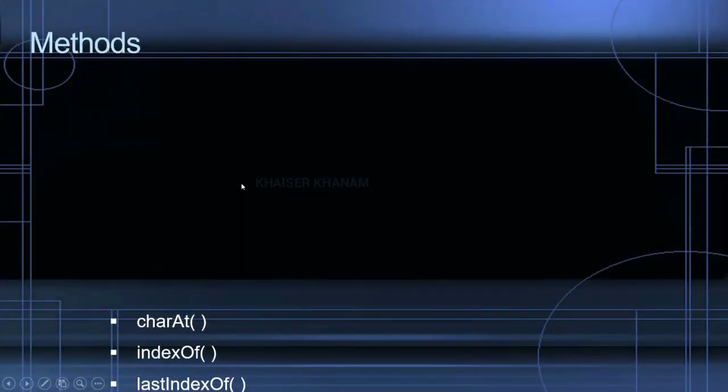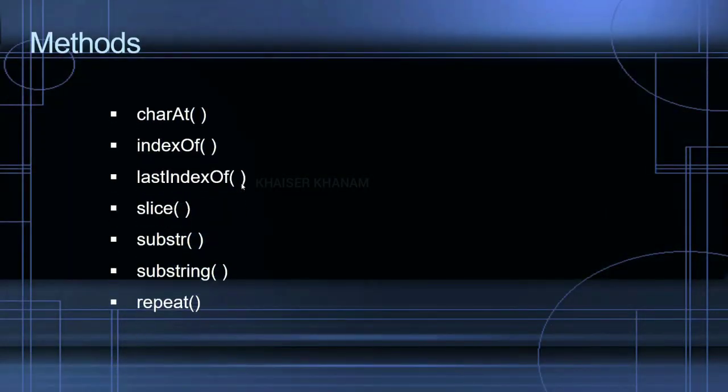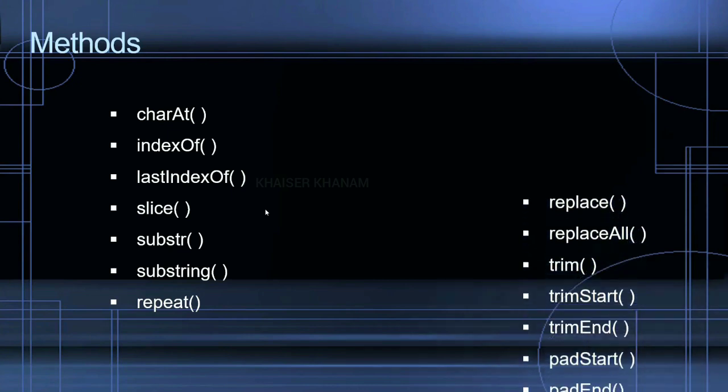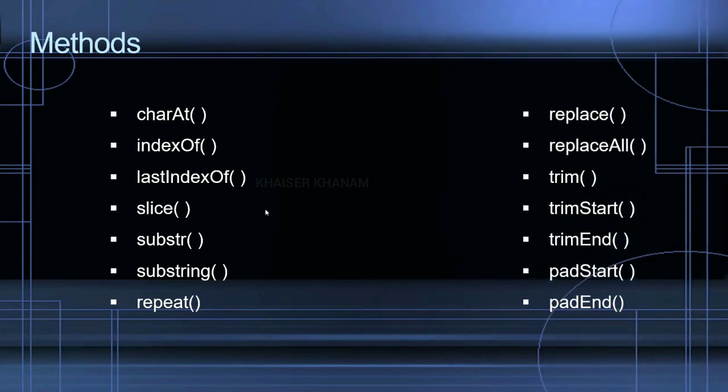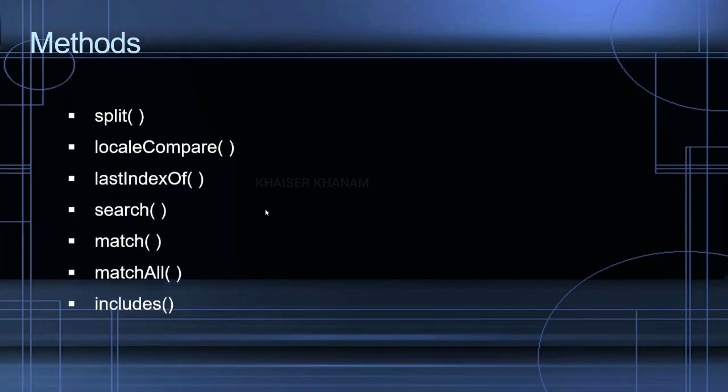Now these are the methods in JavaScript for strings. We have charAt, indexOf, lastIndexOf, slice, substring, and plenty of other methods in JavaScript. You can see we are going to understand all these methods one by one. And these are also methods.